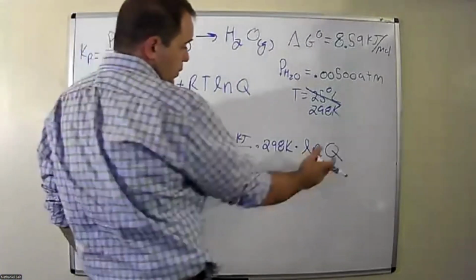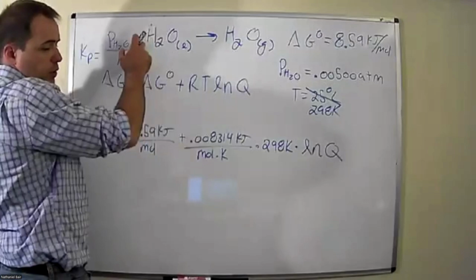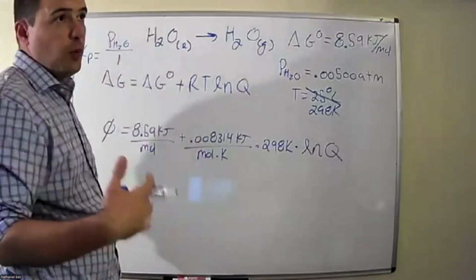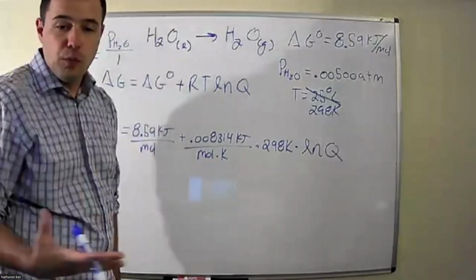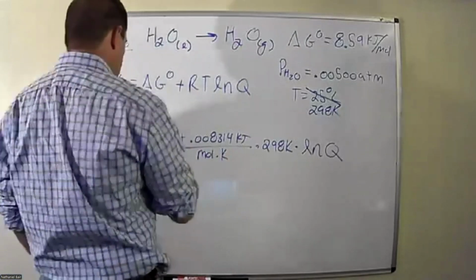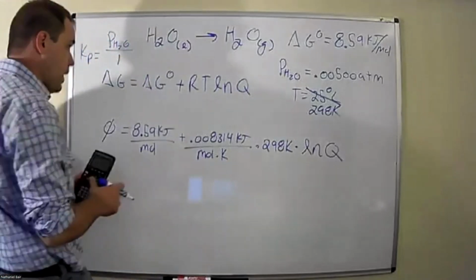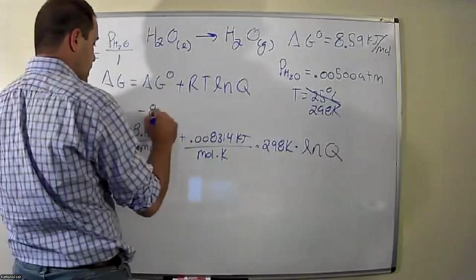So we're going to solve for Q, and Q is going to tell us essentially what the partial pressure of water has to be before water will stop evaporating and start condensing, right? That's really the dew point. Okay, so let's solve this thing. We are going to subtract 8.59 from both sides.